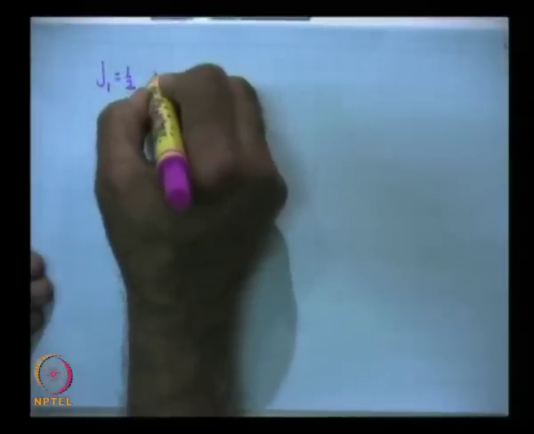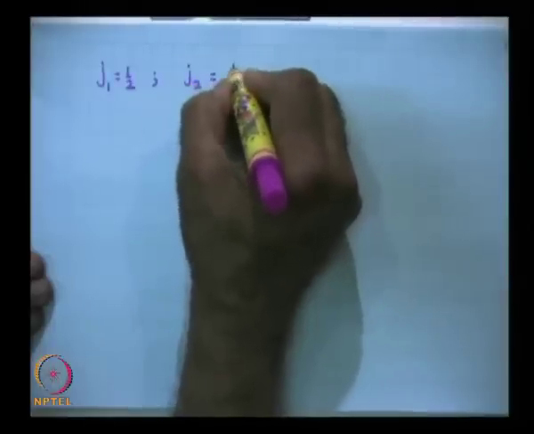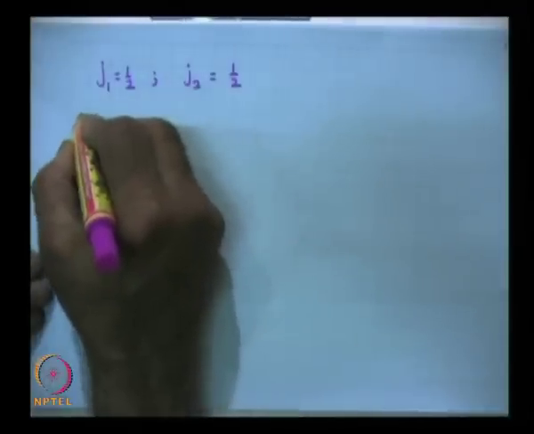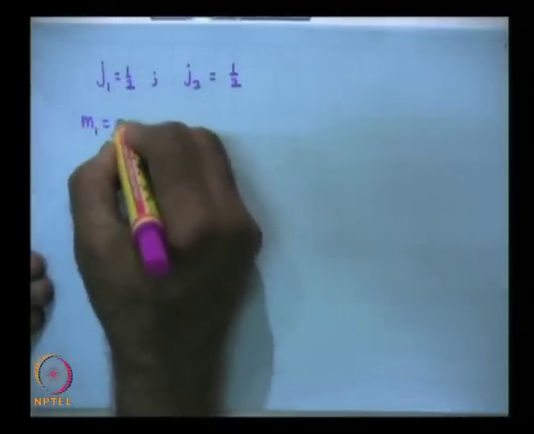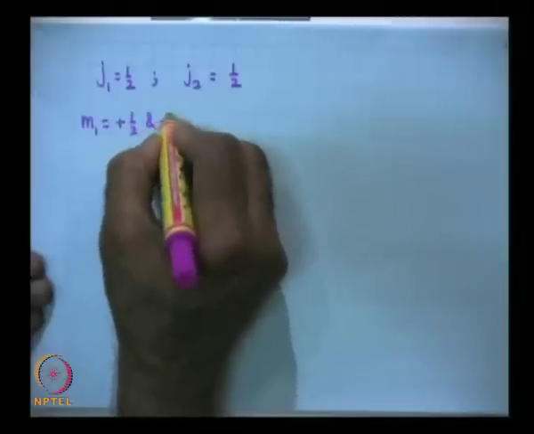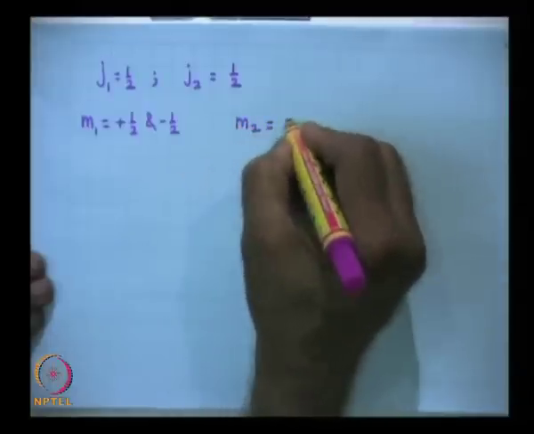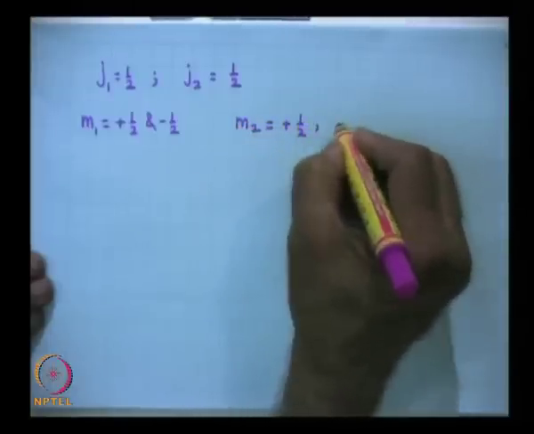Let me consider the interaction of neutron and proton, or proton and neutron. Both are spin half systems. So, J1 is equal to half and J2 is equal to half. Then M1 can take two values, plus half and minus half, and M2 can also take plus half and minus half.